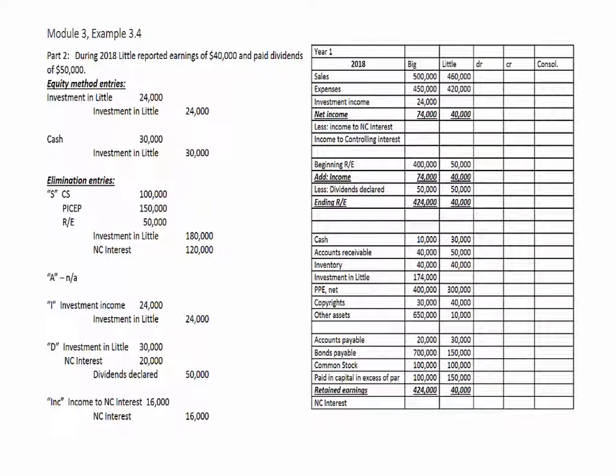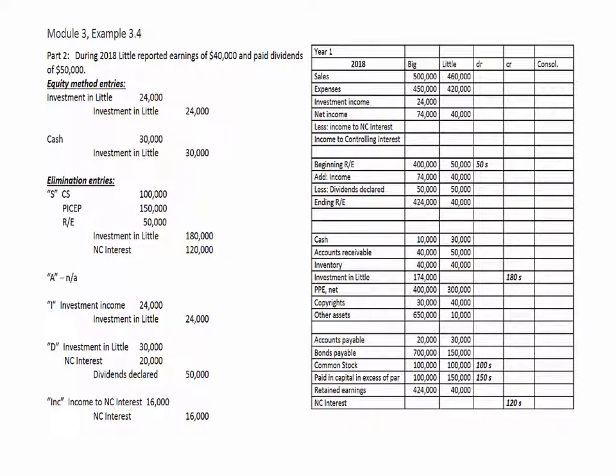Again, those are numbers that are derived from other trial balance amounts. But everything else in here is simply pulled directly off the trial balance and rearranged into income statement, statement of retained earnings, and balance sheet sections.